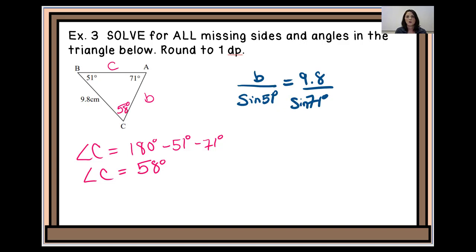Just make sure you are being consistent. We want the missing variable up in the numerator, and if we are looking for the side length, both numerators are side lengths and both denominators are angles. Okay, let's go ahead and solve for B.